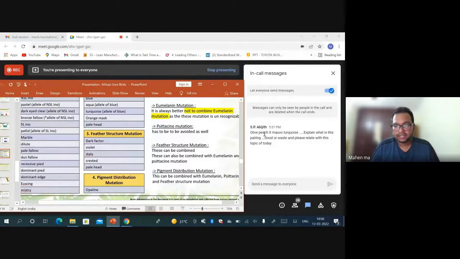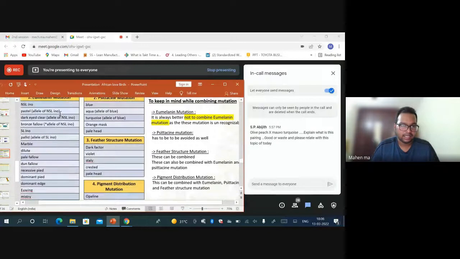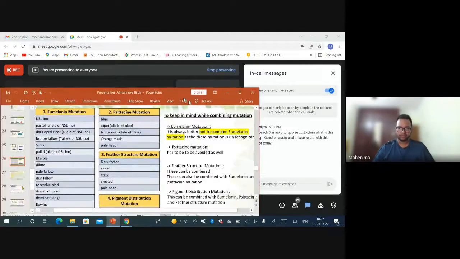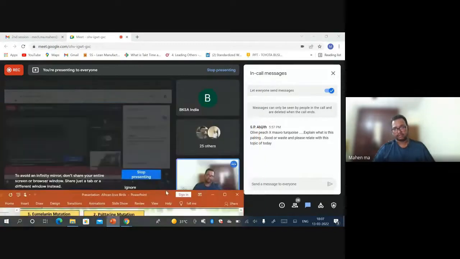We have peach and turquoise, that is green and blue. This is absolutely fine, I guess. The only thing is you will get green birds, some with one dark factor and some with two dark factors. This is okay, no problem, I feel.